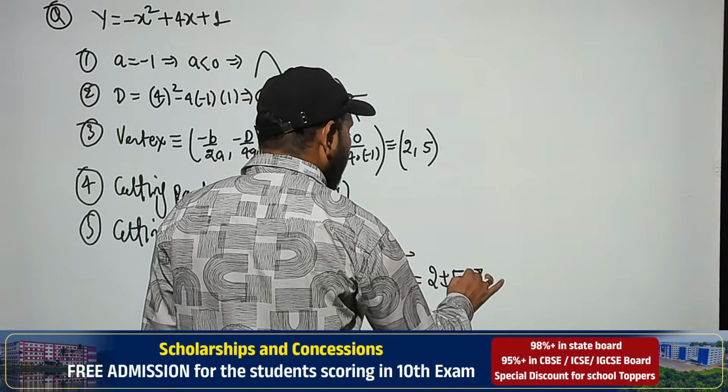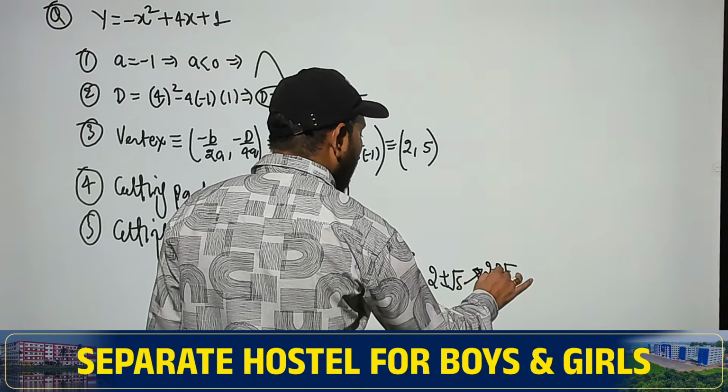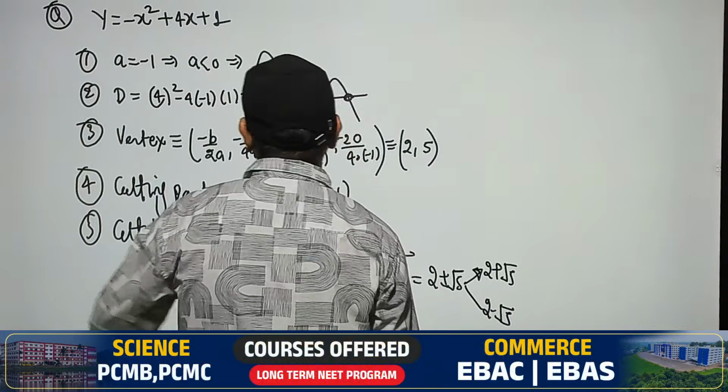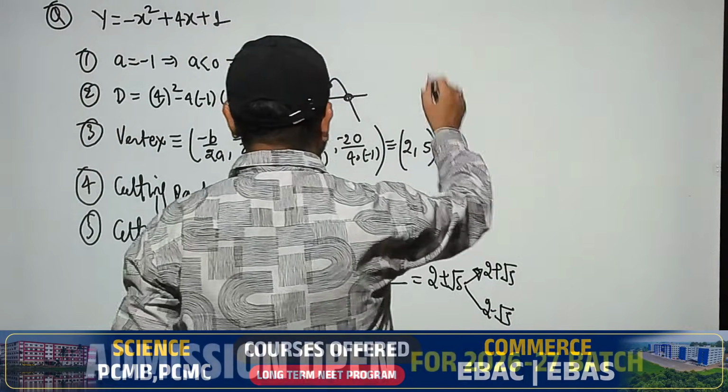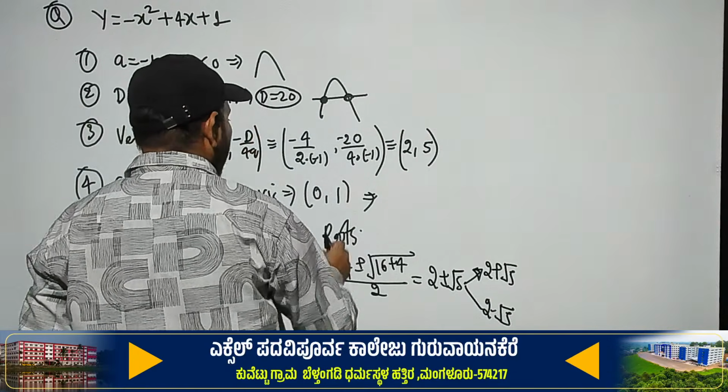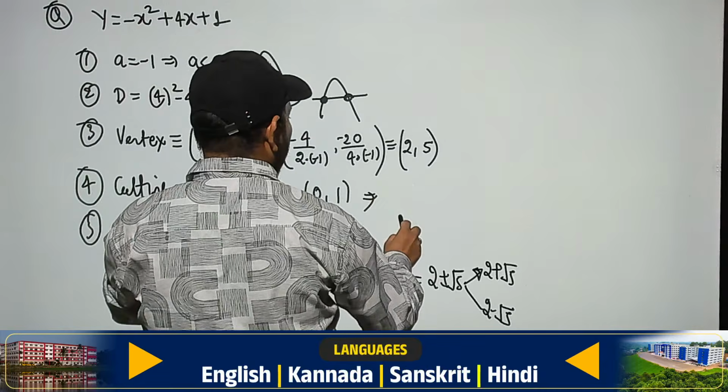So one root is 2 plus root 5, and the other root is 2 minus root 5. Now I know the graph. The cutting point on the y-axis is 0, 1, so the graph looks like this.